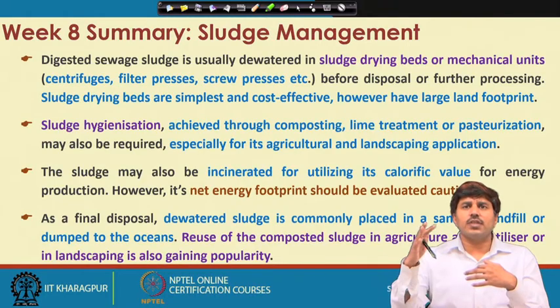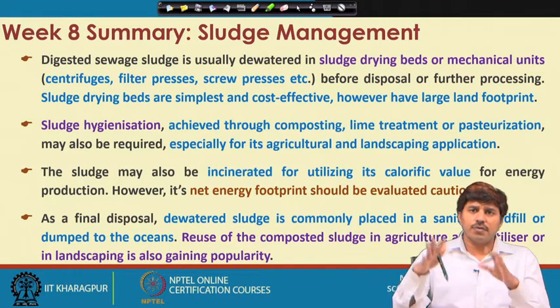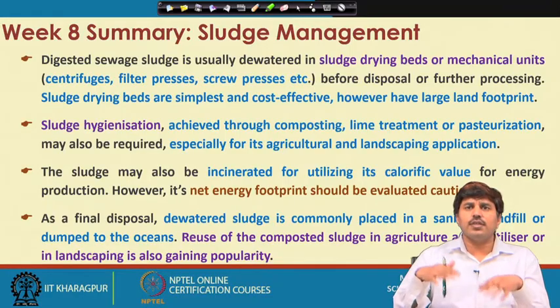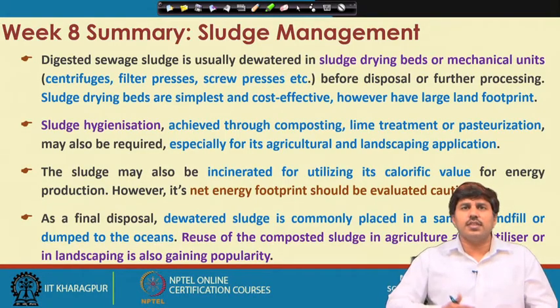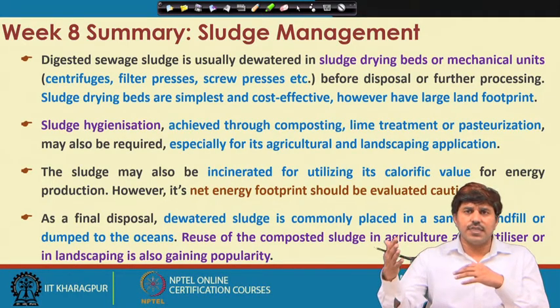Evaporation takes off some water, and percolation through the sludge bed, with the water collected through the under-drainage system, is the other mechanism; the two work simultaneously. The major removal is through evaporation, because that works for a longer period of time.